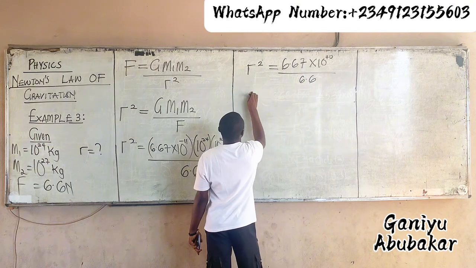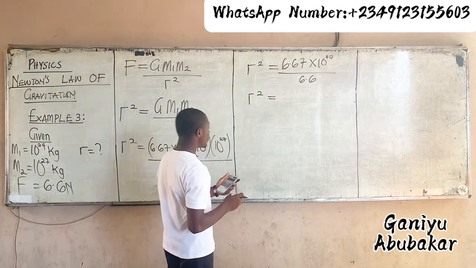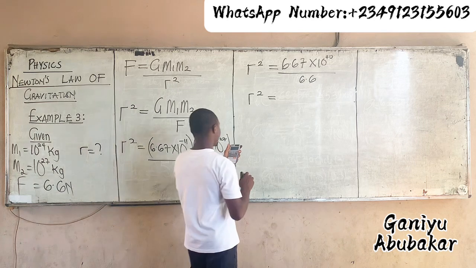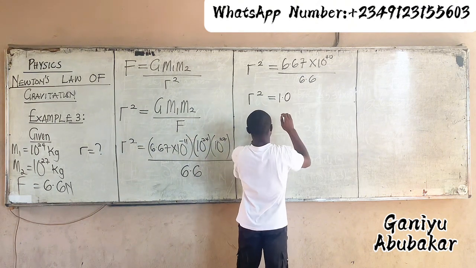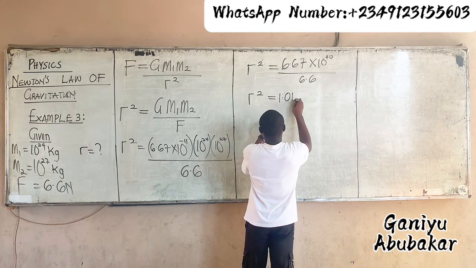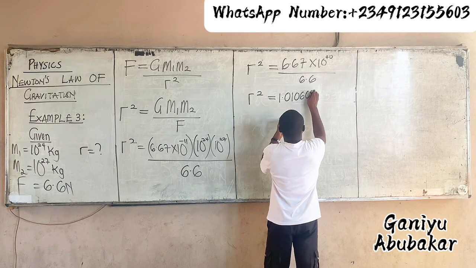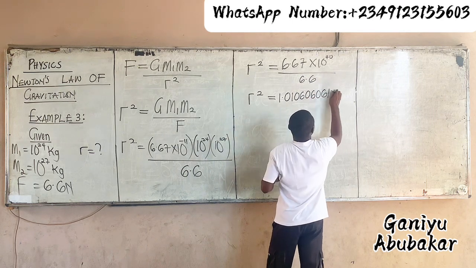So r squared is equal to 6.67 times 10 to the power 40 divided by 6.6. I have about 1.0106061 times 10 to the power 40.